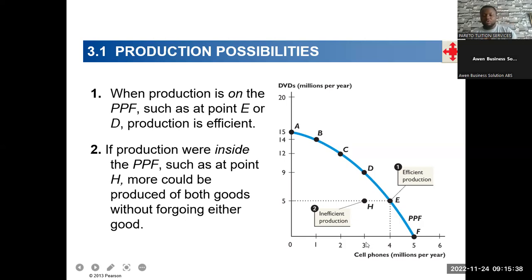Very good. So now let's see, is producing at point H efficient or inefficient? Let's try to increase the units of cell phones. When we increase it to 4 units, we come to point E, right? Did we sacrifice any unit of DVD? No. It means that producing at point H is inefficient.